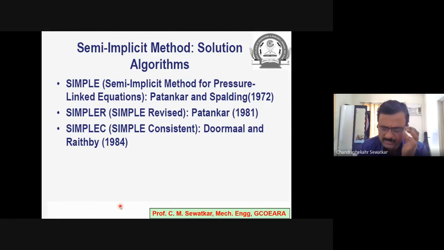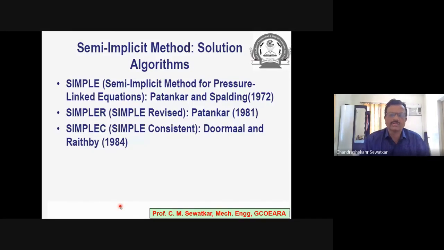He developed this methodology through his classroom teaching, and it is popularly known as the SIMPLE technique for obtaining the numerical solution to fluid flow problems. This method is incorporated in almost all the software available in the market for obtaining CFD solutions.